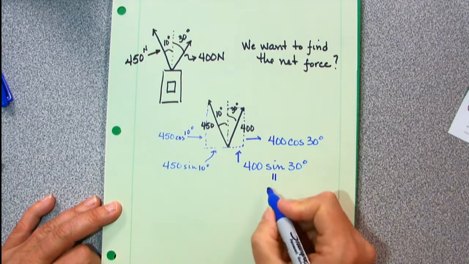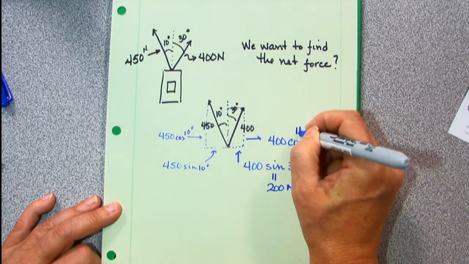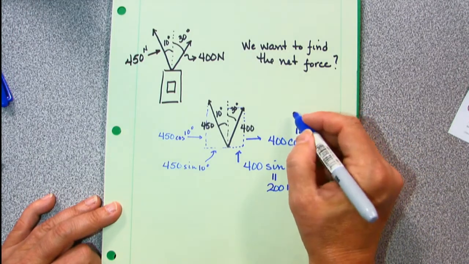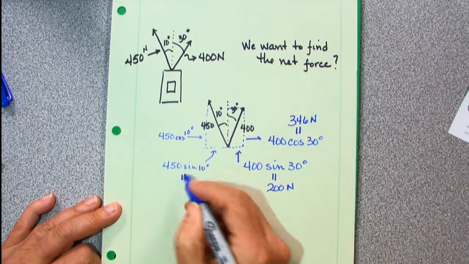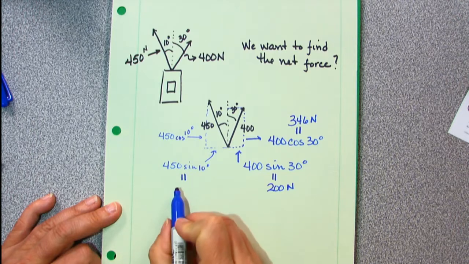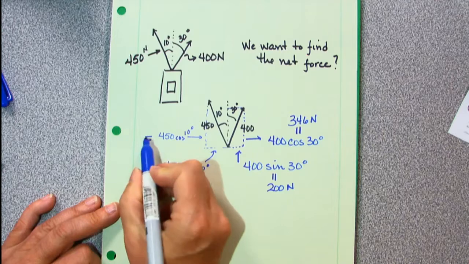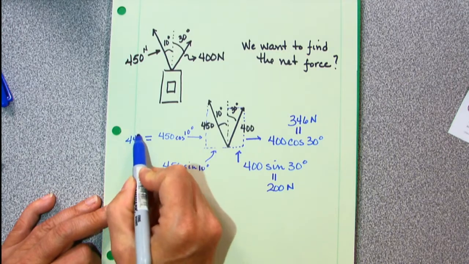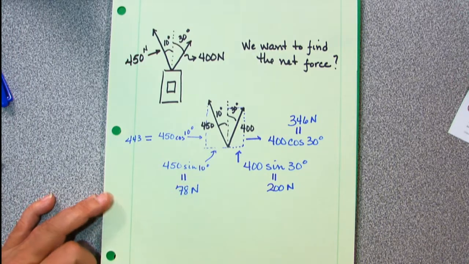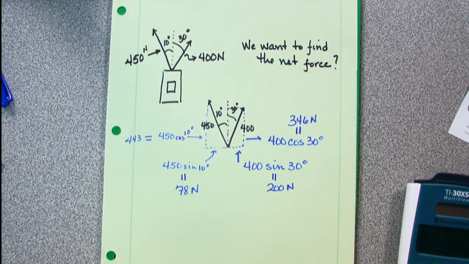This equals 200 newtons. This one equals 346 newtons. This one equals 78 newtons. This one equals 443 newtons. So now I can write it in its vector form.